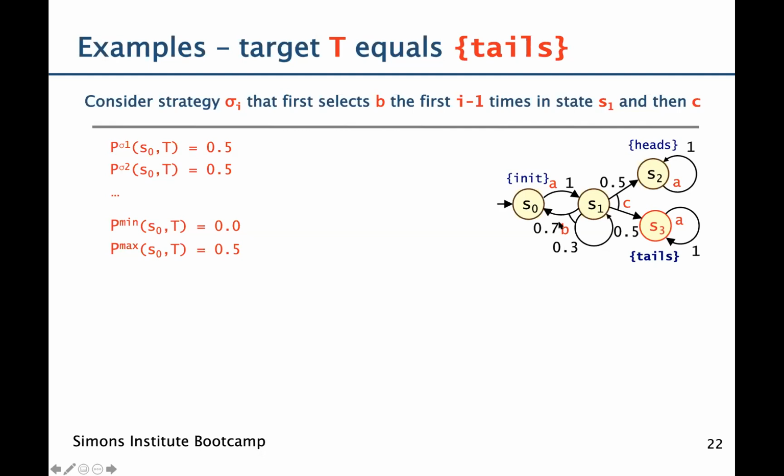Now, if we consider the minimum probability, well, we've got the strategy that always chooses B in state S1, and in this case, we'll either always take this loop here, or we'll move back to S0, then move to S1, then we'll choose B again, and we'll go back to S0 and then back to S1.